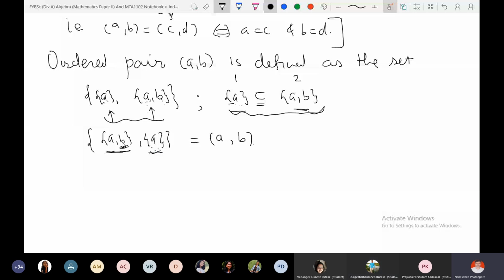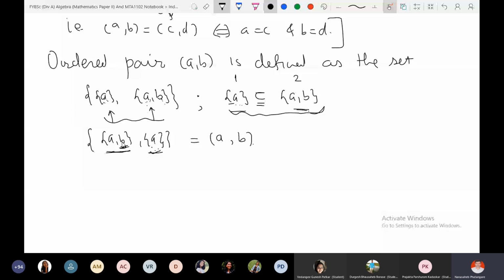Now you try to define ordered pair for three components. With the same logic, you can define tuples in n components, that means n-tuples, elements having n components. But at this moment we are interested only in ordered pairs having two components.